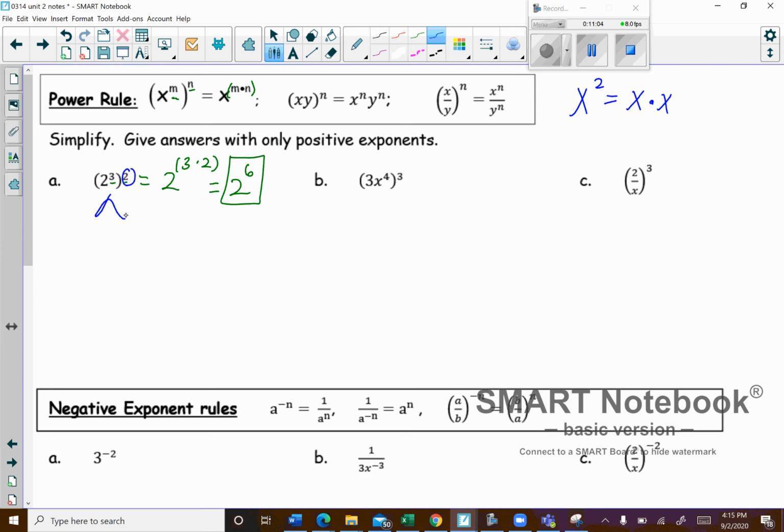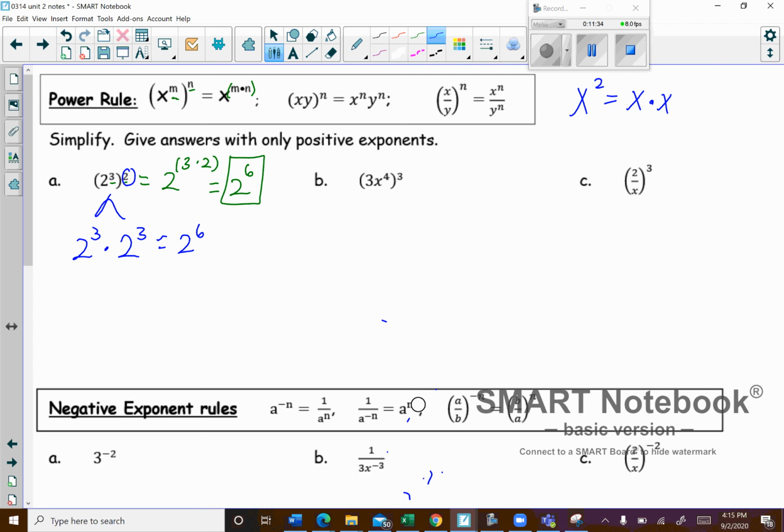What that's really doing is telling me to do 2 to the power of 3 times 2 to the power of 3. Then you could do the product rule where you add them. So 3 plus 3 would be a 6, and you can see that's our answer right there. Hopefully that makes it a little more understandable why we multiply. It's the rule, but why is that the rule? Hopefully that helps out a little bit.